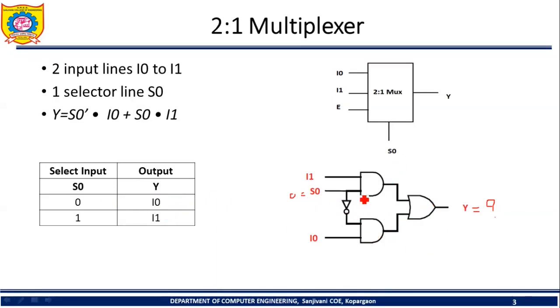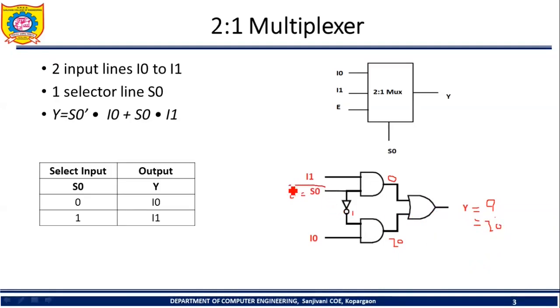Here S0 is 0, so the output of this AND gate is 0 dot I1, which is 0. Then this 0 is given as input to the NOT gate, so the output of the NOT gate will be 1. So 1 dot I0 gives the result I0. That I0 will be directed to the output through this OR gate. So in this case the output will be I0. Correct.